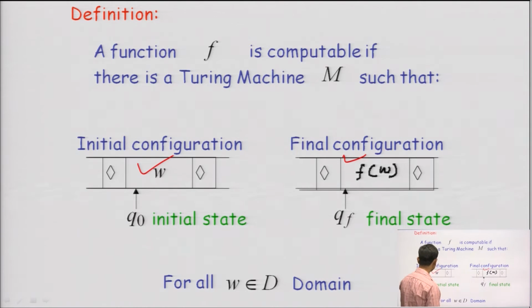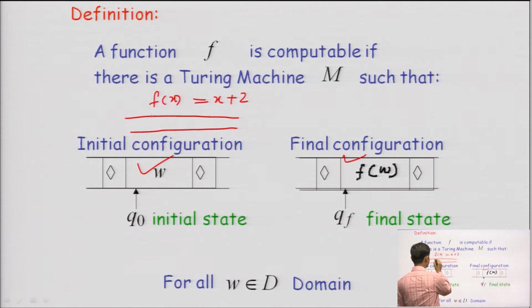So, suppose we take the same example here, f(x) equal to x plus 2. Now, what is the initial configuration?